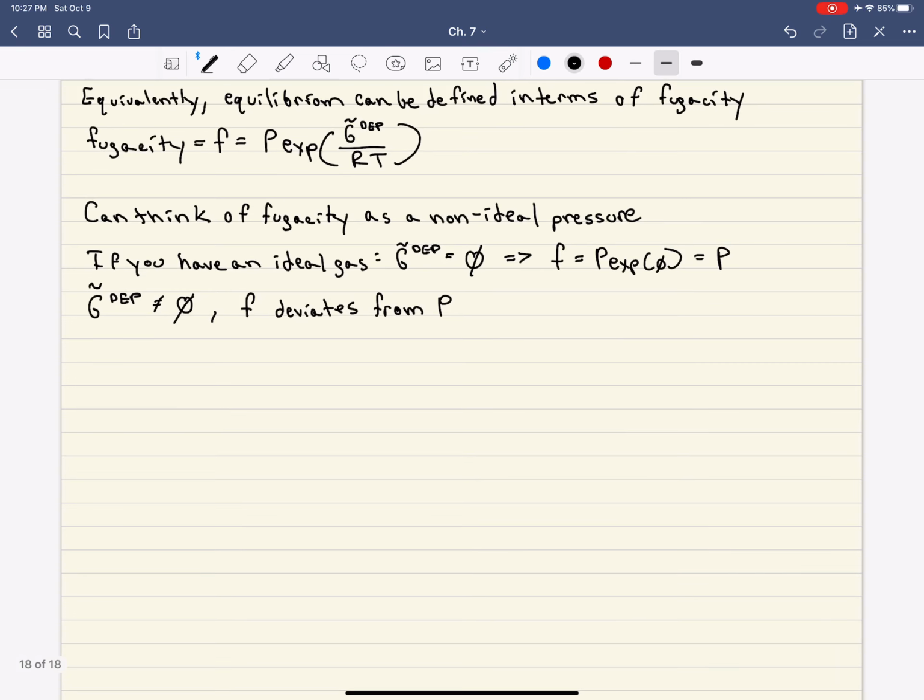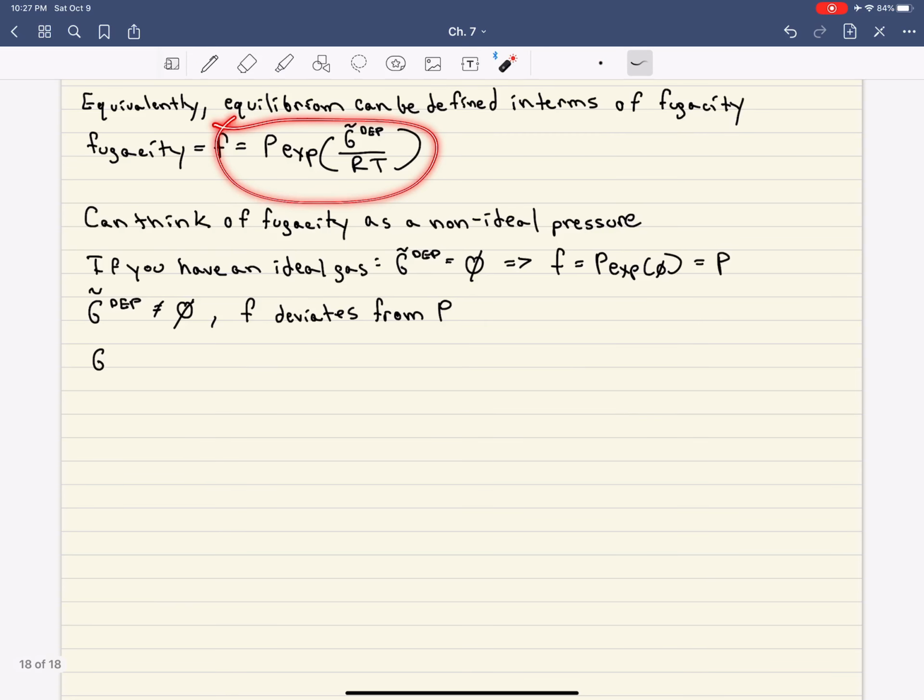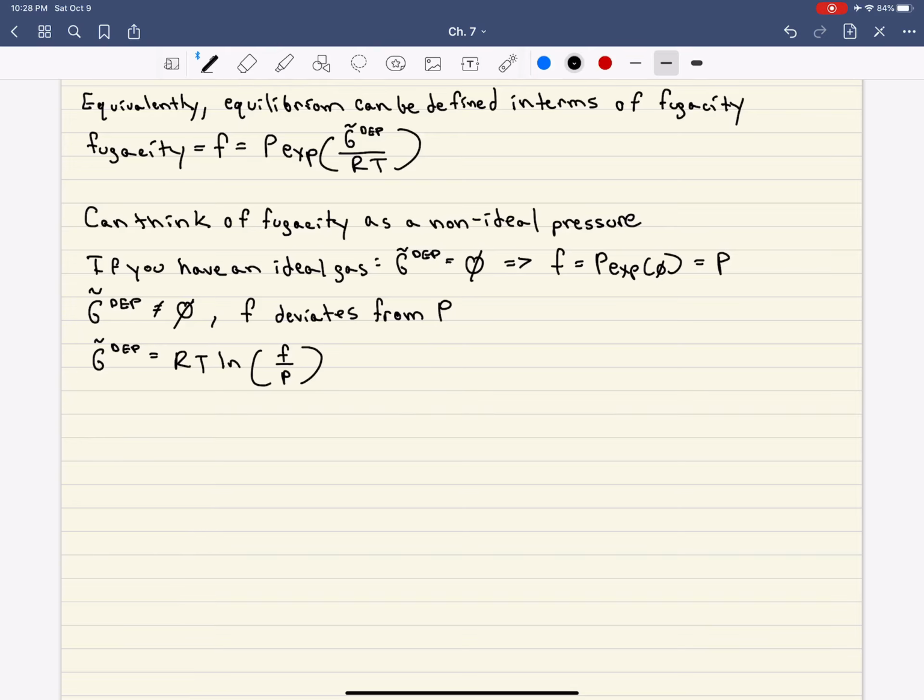In any case, what you could do is rearrange the fugacity equation so that your G departure is equal to RT natural log of F over pressure.